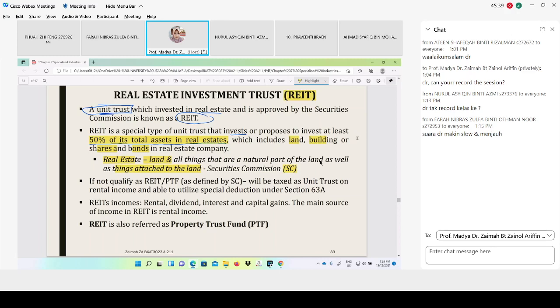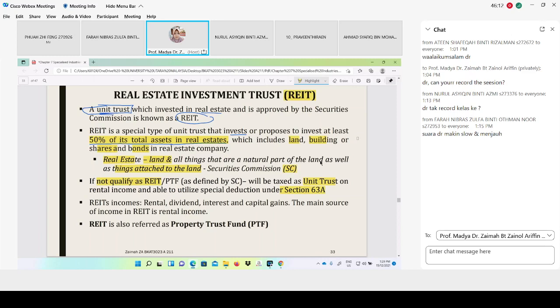Okay, so if the company is not qualified as a REIT, it will be taxed based on the unit trust treatment, where we have permitted expenses under section 33 that we deduct directly from the rental income, and also section 63A, that is 10% of the qualifying capital expenditure.